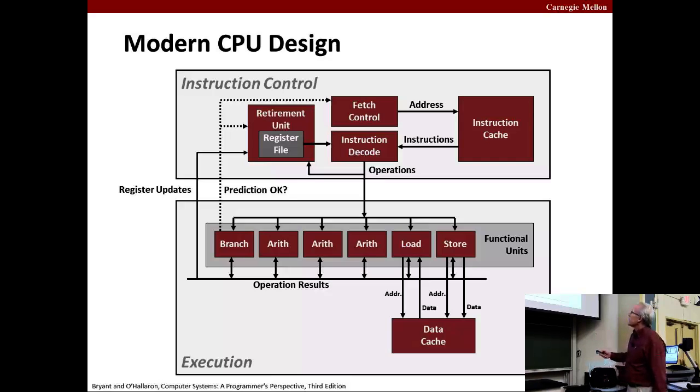It turns out that in executing, a register now just becomes the name of something that one instruction produces and some other instructions consume. It's a destination for some, it's a source for others. And this whole bunch of stuff here just sort of magically passes the results of one computation to the input to another computation based on register names without ever storing them in an explicit register file.